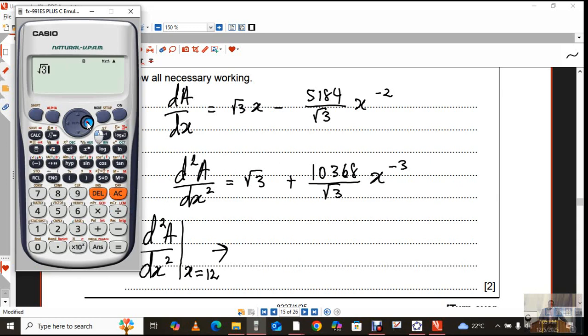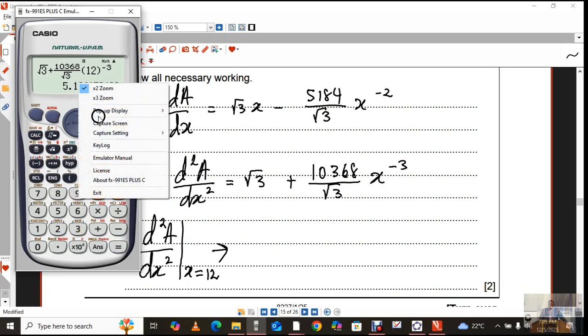Root 3 plus 10,368 over root 3, times brackets 12, raised to the power of -3. Let's hope it can find me a value. Ah, there we go. Let's bring that value there, copy.